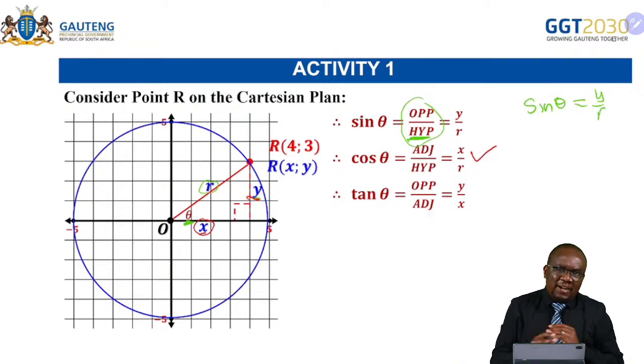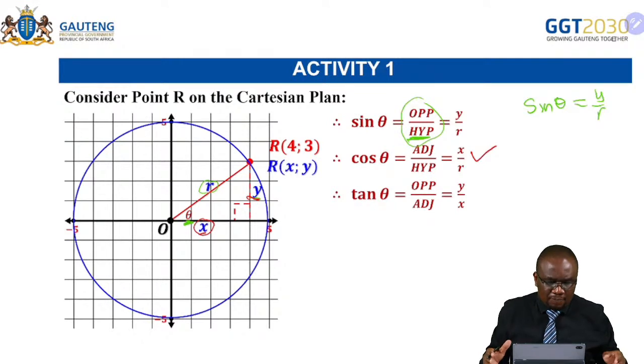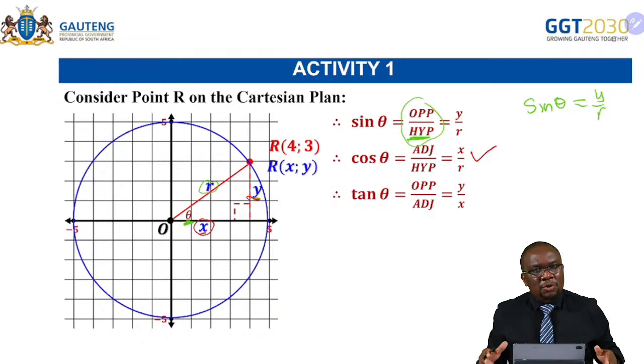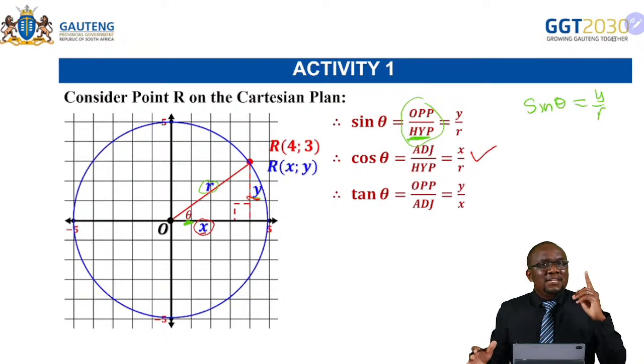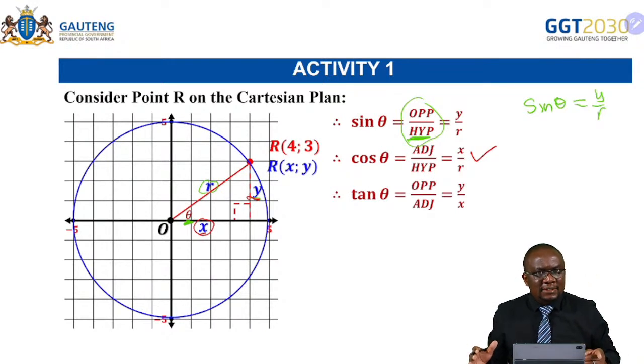Now we have defined the three ratios for angles between 0 and 360 degrees. Can you remember what we said? Sin theta is y over r. Cos theta is x over r.